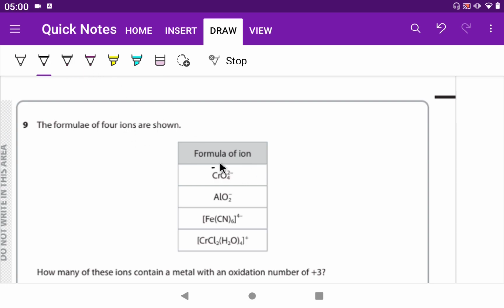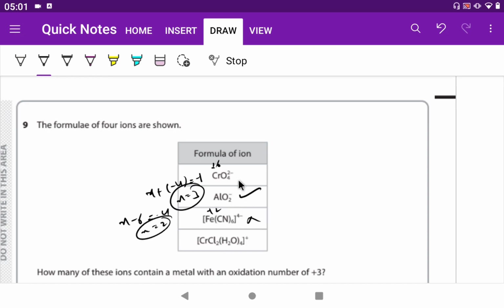Now aluminium: x plus -4 -1, so it will be +3. So 1. And here Fe, this is Fe(CN) with minus charges. So x -6 -4, so x is equal to 2.